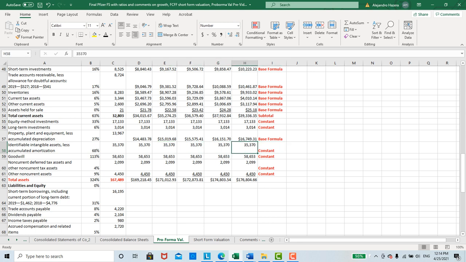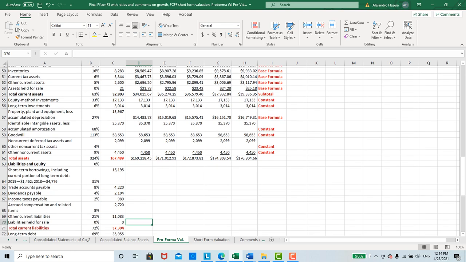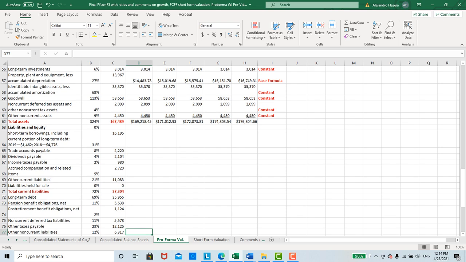I'm looking at this number here. They're going up. Are they going up by 3%? I hold a lot of things constant. That's why they're not going up by 3%. If you hold a lot of things constant, that means your growth rate is going to be a little bit lower than that, because you're holding some things constant while some things are growing.